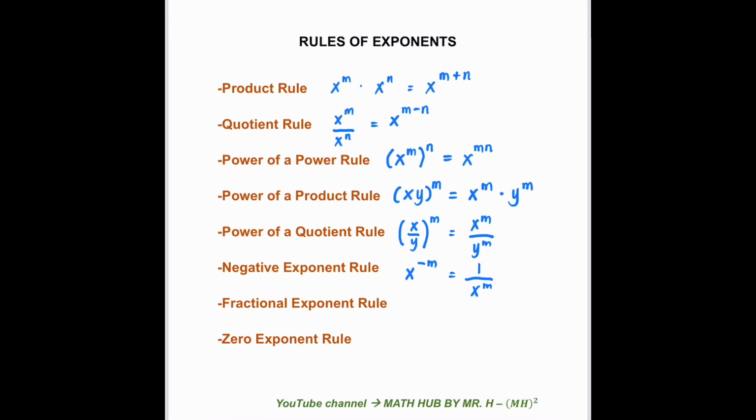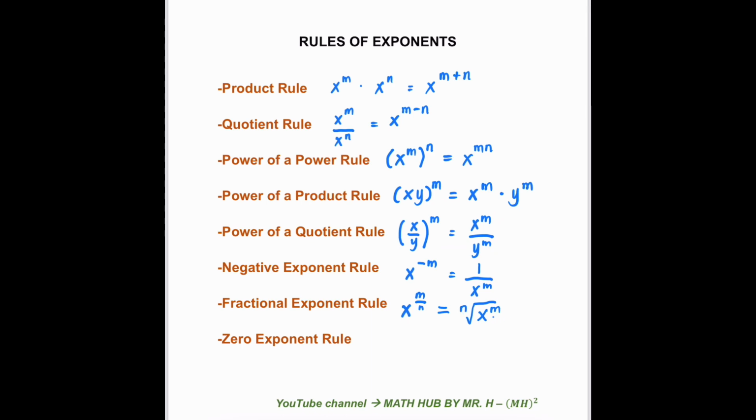So the next rule is what we call the fractional exponent rule. So from the term itself, fraction, definitely we're looking at an exponent that is a fraction. So for example, we have x to the power of m over n. So this one is equal to the nth root of x to the power of m.